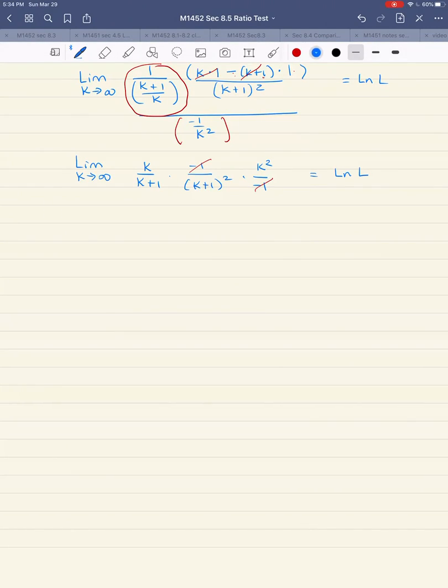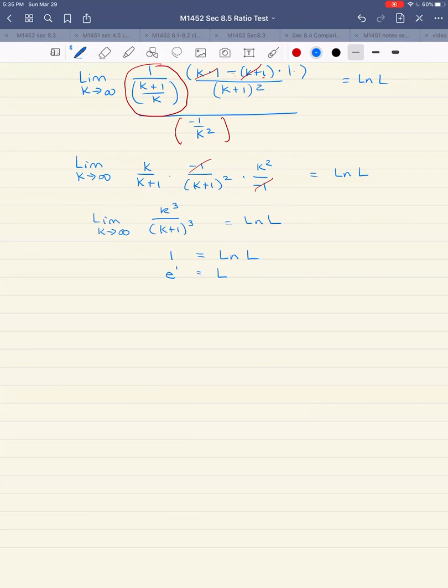How about that for some algebra? Well, the minus ones cancel. On top, I'm going to get a k cubed. On the bottom, I'm going to get a k plus 1 cubed. But I'm going to get a third degree power on k on top, a third degree power on k on bottom, so this limit should just be the ratio of the coefficients. The ratio of the coefficients is 1.